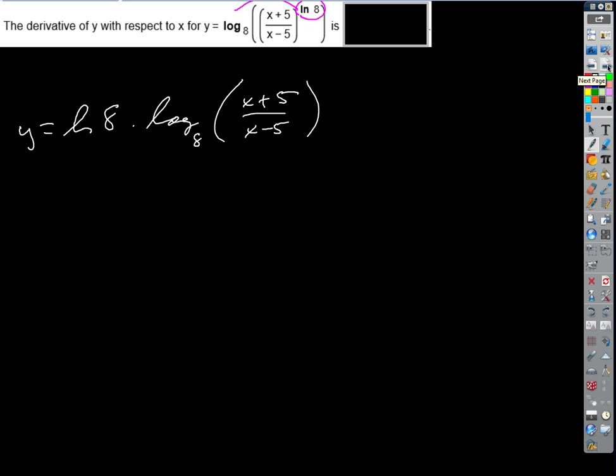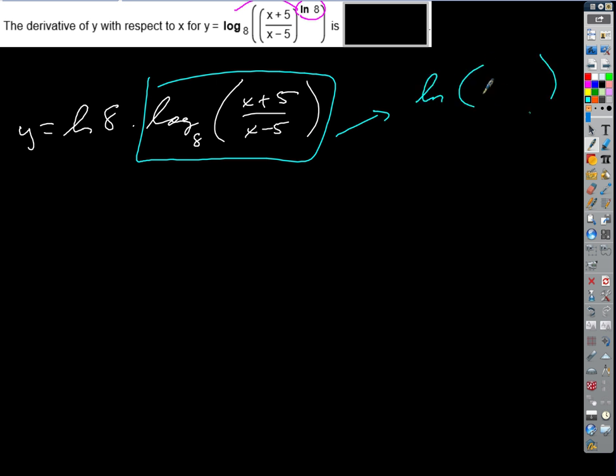Everybody see that? So we could take this thing right here, and we could write that itself as the natural log of the quotient divided by the natural log of the base, right? Do you have to see that? No, you really don't, but it sure does help, doesn't it? Because then the natural logs cancel. The natural log 8 cancels with the natural log 8, and then you've got a natural log function, which is easier than a base 8 log to deal with, right?